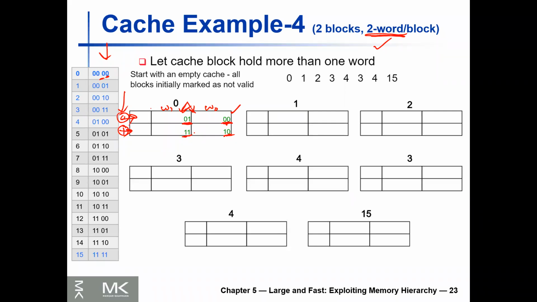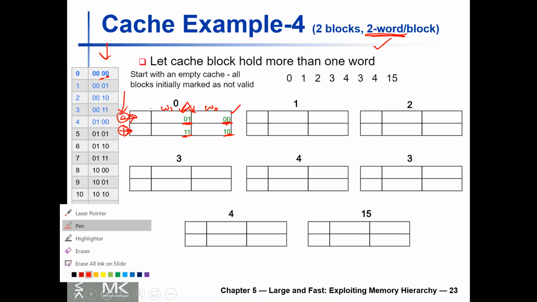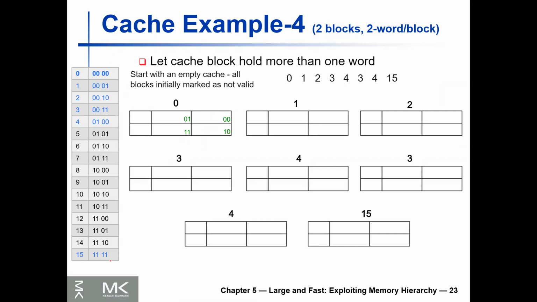Now we are going to understand how the information is accessed. First, address 0. Is this a miss or not? It is a miss, and it is going to refer to block 0, this one. If this is a miss, we will be bringing memory 0 data here. But we will not bring only one word.